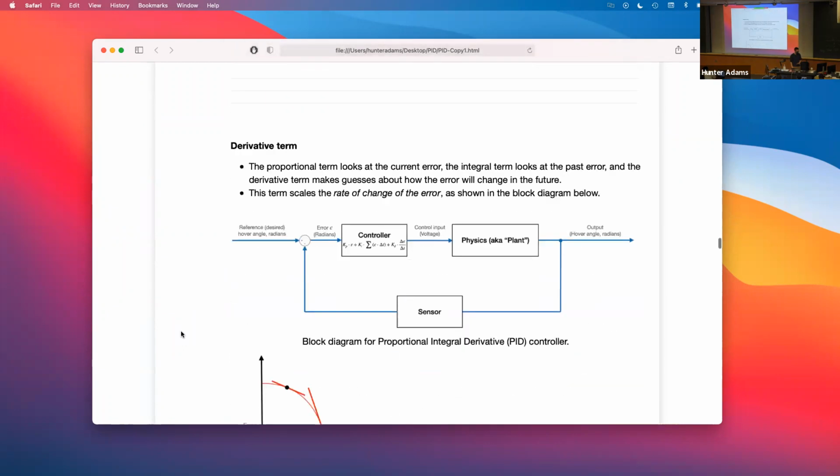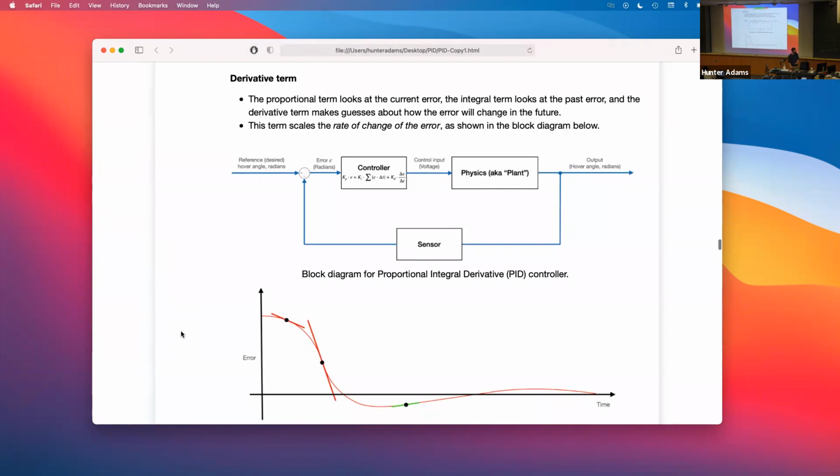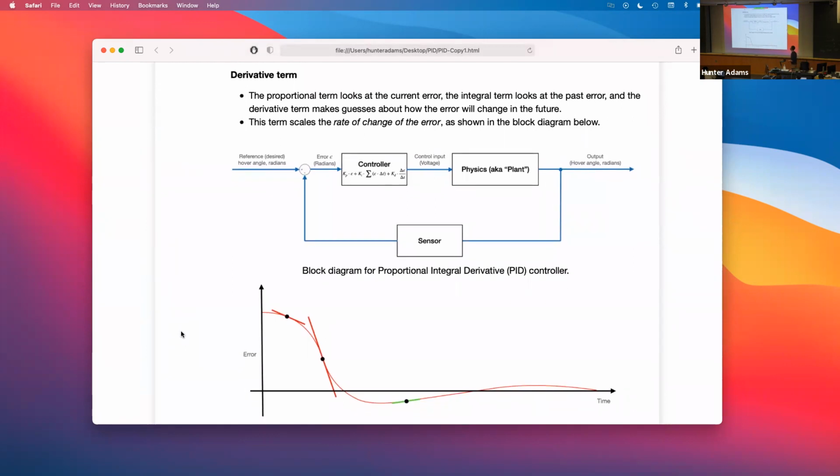Okay. So then the last term of the PID controller is the D part, the derivative part, which, as the name suggests, looks at the rate of change of the error, the derivative of the error. So if we look at this sort of plot that we've been looking at here, if this is our error with time, the derivative term is looking at and scaling the slope of this plot.